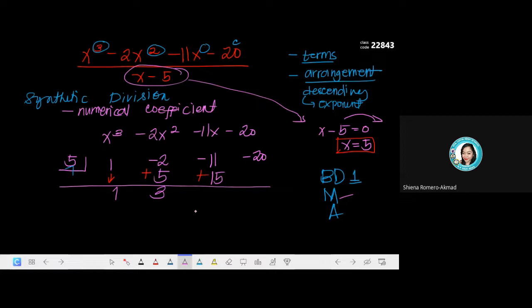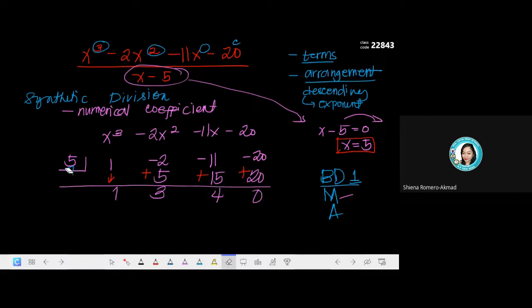The answer will be positive 4. So, si positive 4 po, i-multiply natin doon. Sulat natin dito, then add. So, multiply, add, multiply, add, multiply, add na lang yung next steps natin after we bring down. So, the answer here is 20. And mag-add tayo. This gives us 0 as the answer.